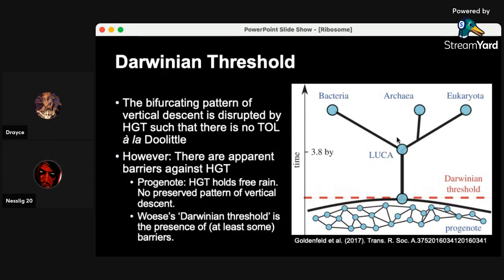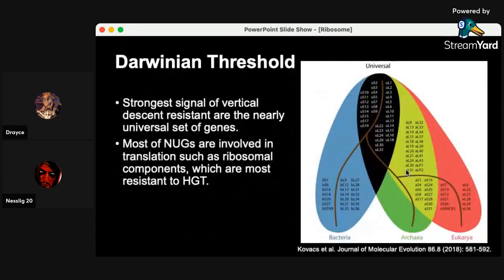But once you set up barriers against horizontal gene transfer, that's when you pass through the Darwinian threshold and you get these tree-like patterns. The strongest signal of vertical descent that's still preserved is found in the nearly universal gene sets, and most of these nearly universal genes found across all life are involved, unsurprisingly, in translation: the ribosomal components and also ribosomal proteins.